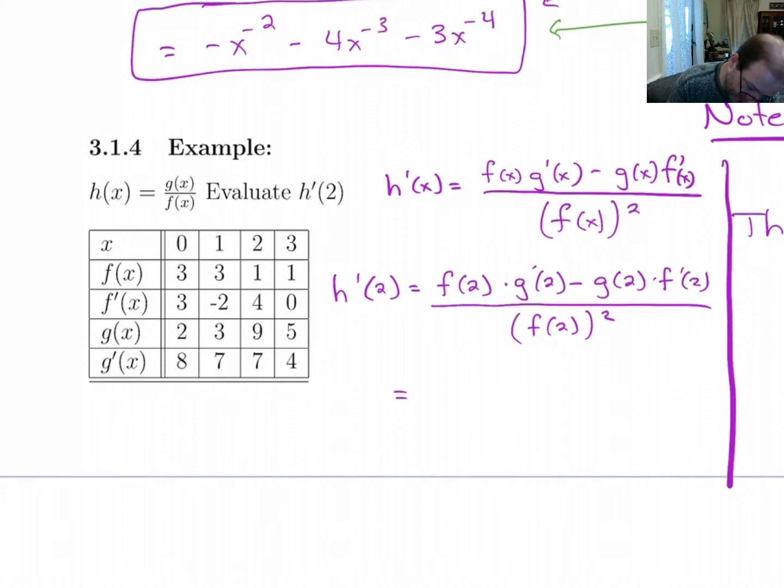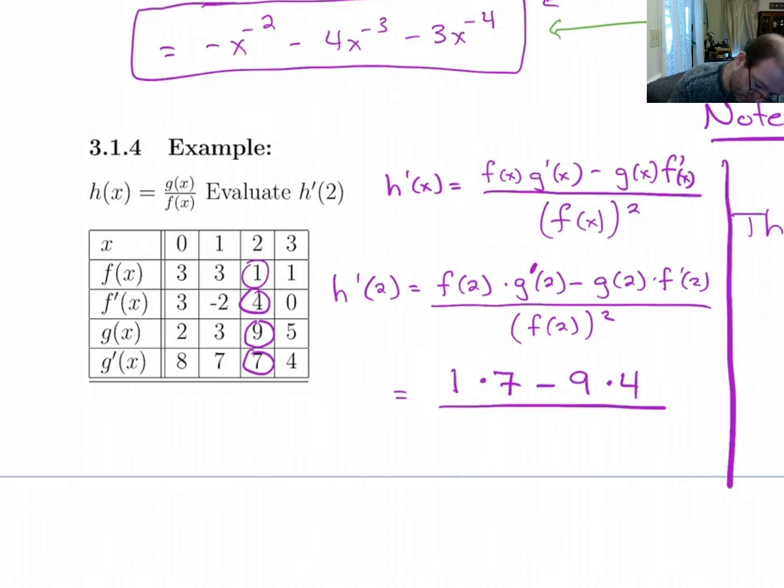Let's see, f of 2 is 1. G prime of 2 is 7. G of 2 is 9. f prime of 2 is 4. And f of 2 is still 1. We got lucky there with a denominator of just 1.